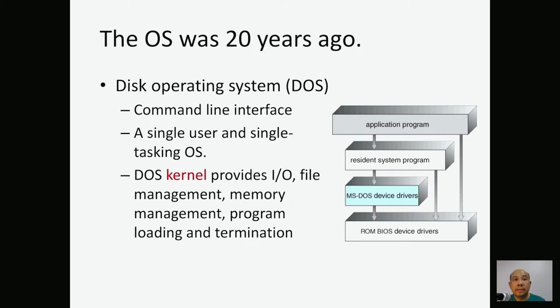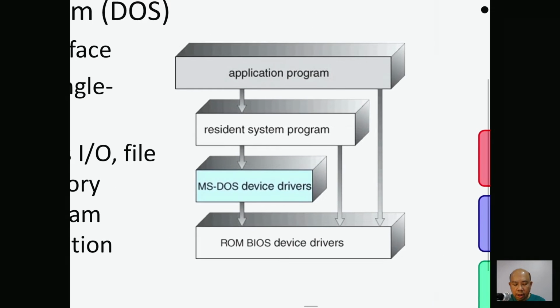This is an operating system with a command line interface, and DOS supports a single-user, single-task operating system. This is the structure of DOS: the application or any software runs on top, and then DOS has resident system programs, DOS device drivers, and the BIOS here.